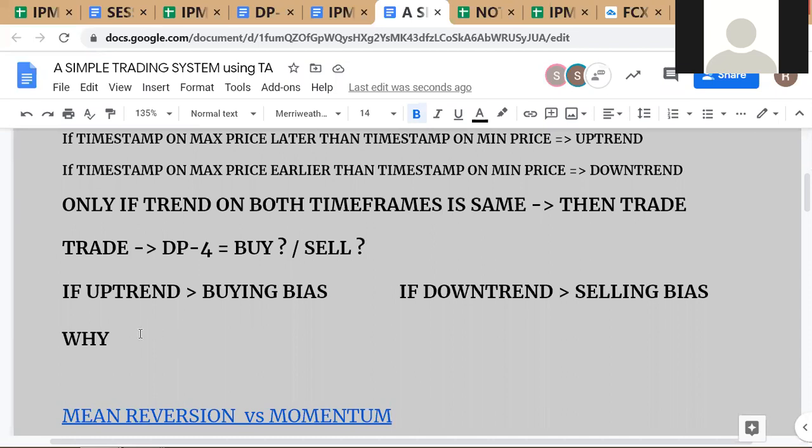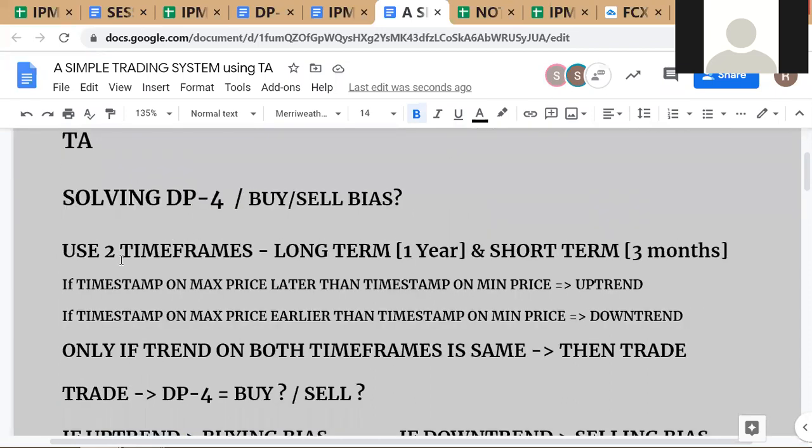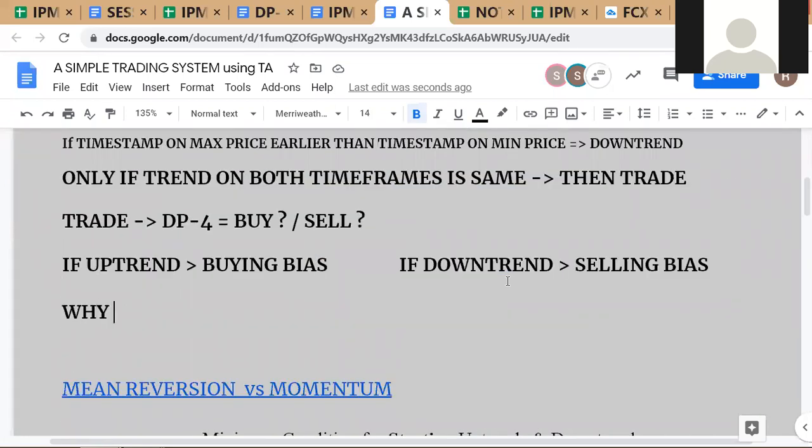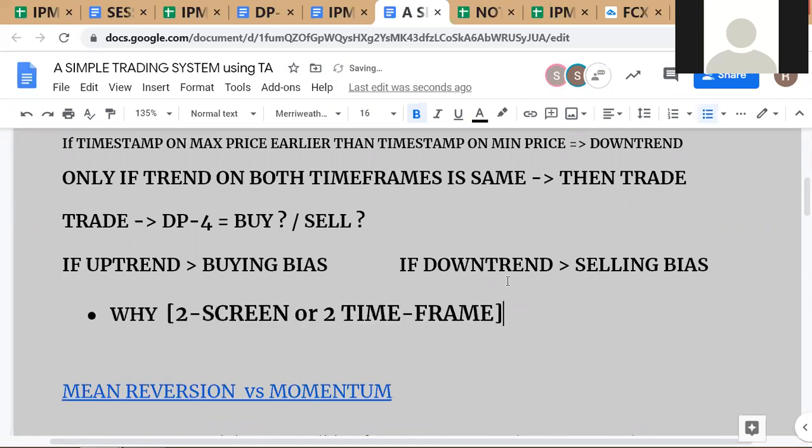Okay, now why two time frames? Let me explain why that is. Why two screen or two time frame?